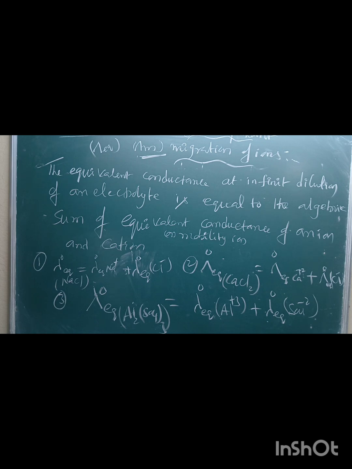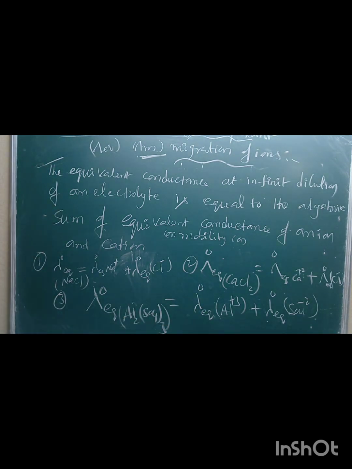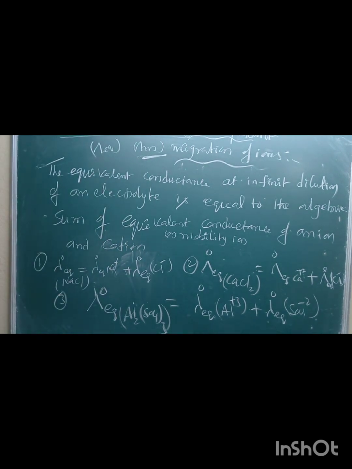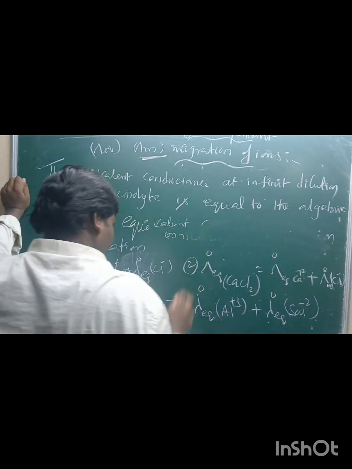In this case, the equivalent conductance can be converted into molar conductance. A little bit of difference is there here. What is the relationship between equivalent conductance and molar conductance? Already you know the formula.